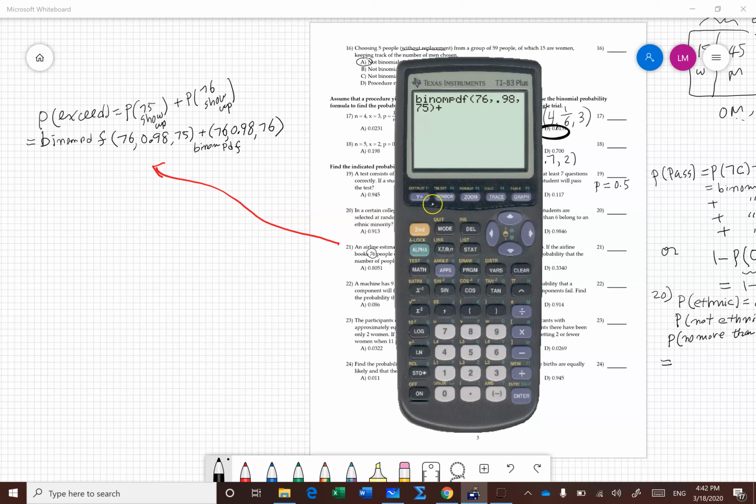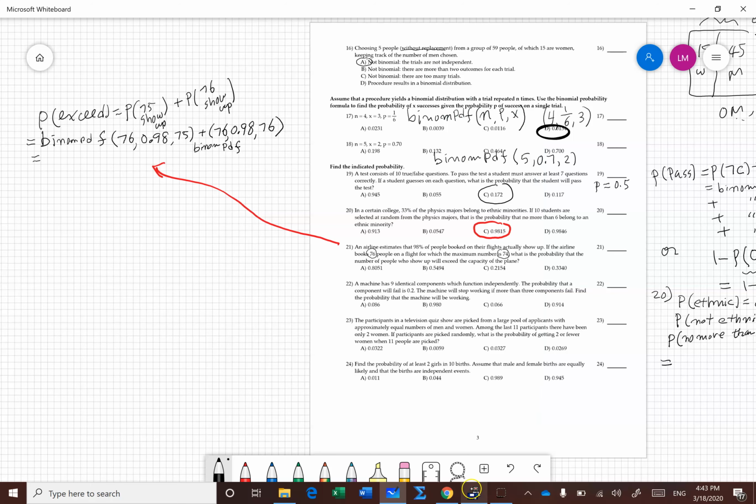Important: second bars, go down to binom PDF, 76, comma, 0.98, comma, 76. Everybody shows up. Then you get what was the number?